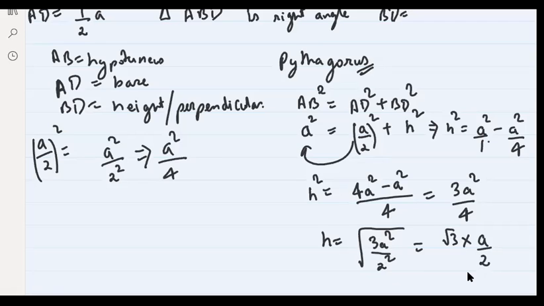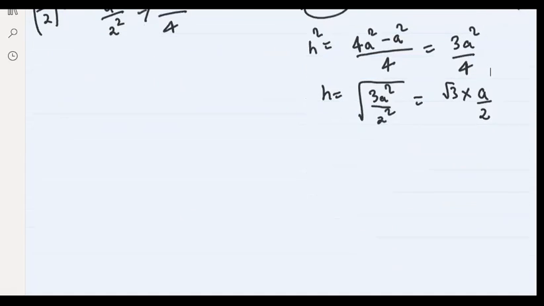So this is the height of an equilateral triangle, right? This you have to remember. This is always the formula. What is the height of an equilateral triangle? I'll just write down the formula over here, and I have derived the formula for you. It will be asked in the exam.